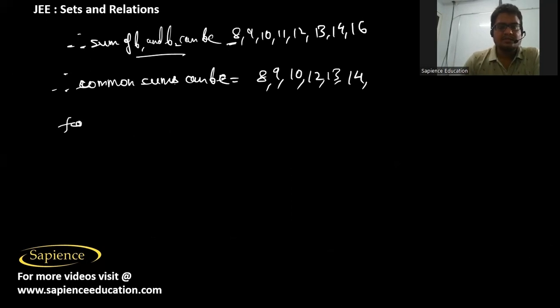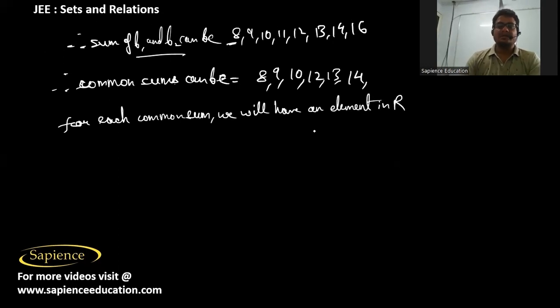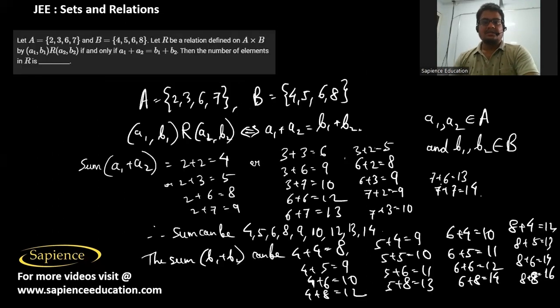So for each common sum we will have an element in the relation R. Why?